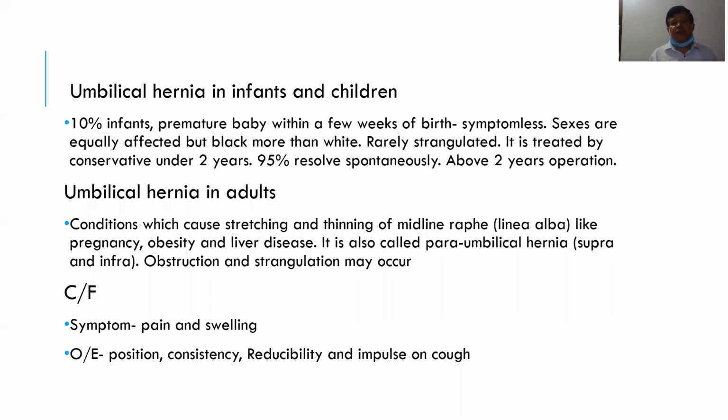So this type of conservative treatment, and 95% of the patients, meaning umbilical hernia in infants and children, get cured or recover spontaneously. Only 5% of umbilical hernia in infants and children require surgical treatment, and that is above 2 years.